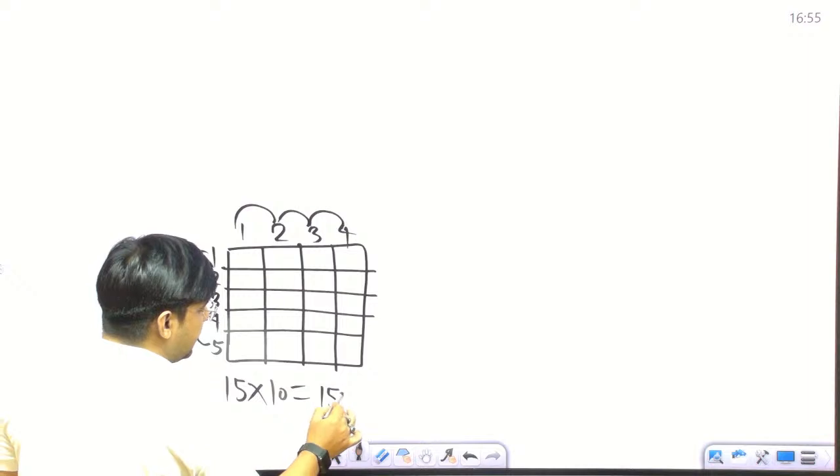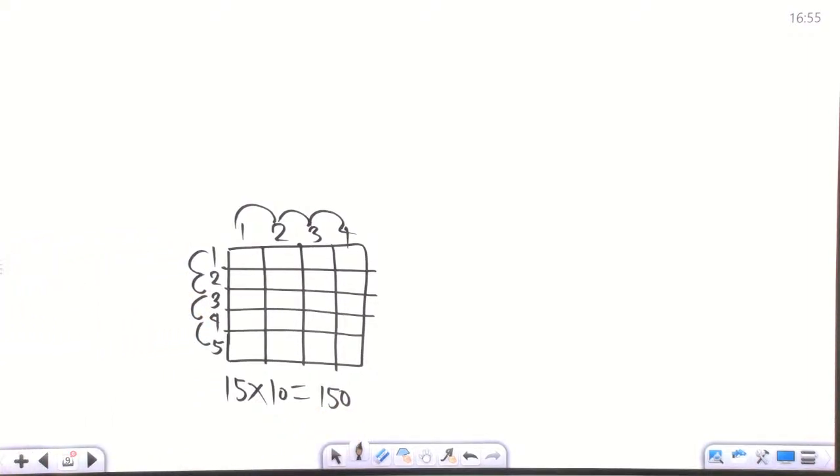There are 150 rectangles in this figure. Clear?